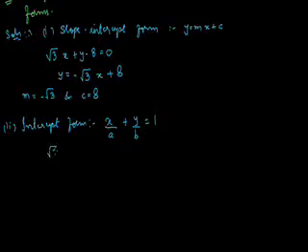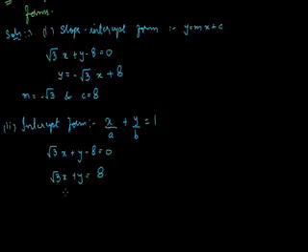The given equation of the line is root 3x plus y minus 8 is equal to 0. So we'll first send our constant term to the right hand side. So the equation of the line becomes root 3x plus y is equal to 8.